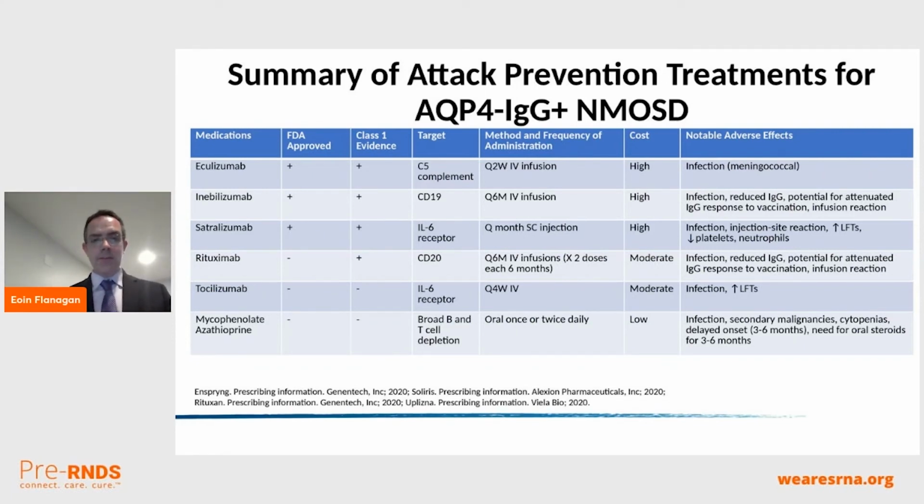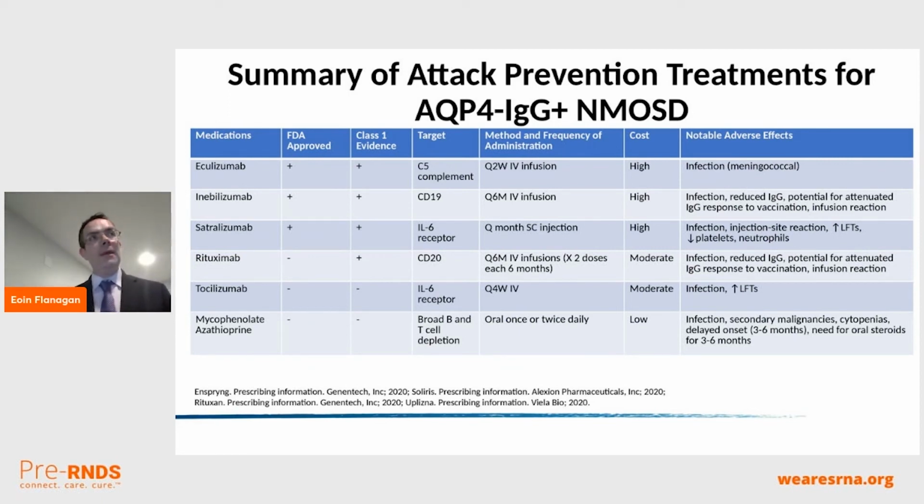The fourth medication here is rituximab. That is a treatment that targets the CD20, which again is located on B cells. Again, it's an every 6-month infusion, similar to the inebilizumab above, and it's a little bit less costly, and there are biosimilars available.